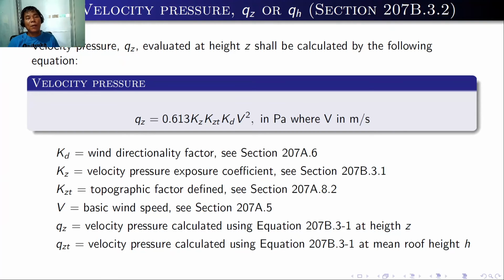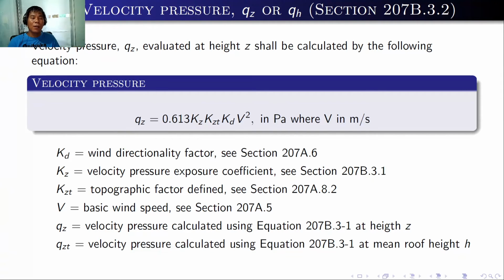The velocity pressure evaluated at height z shall be calculated by the following equation. So for a certain height z, you need to calculate for every height. From 4.5, 6, 7.5, then 9 meters, you have to evaluate it at every height z. The velocity pressure is defined as qz equal to 0.613.